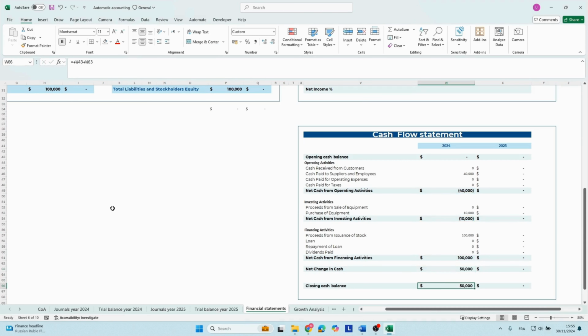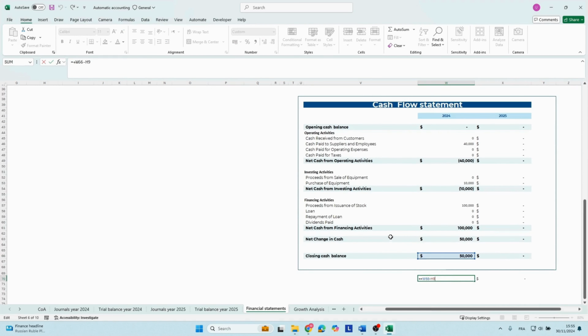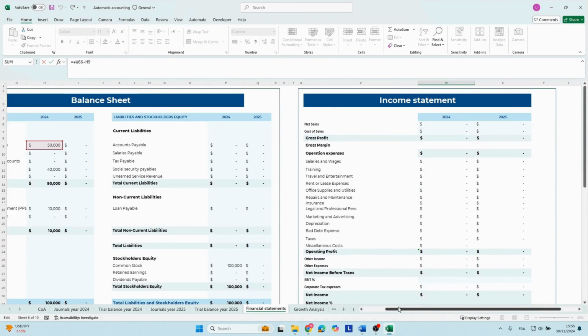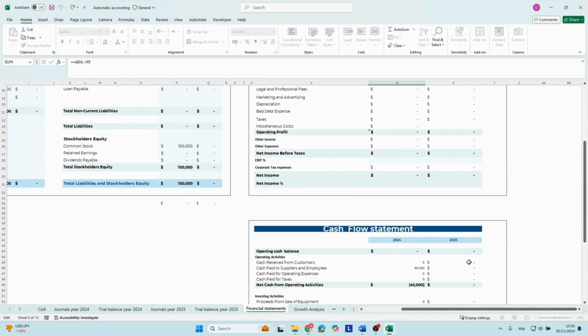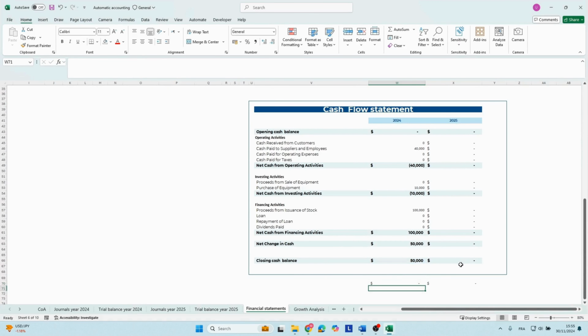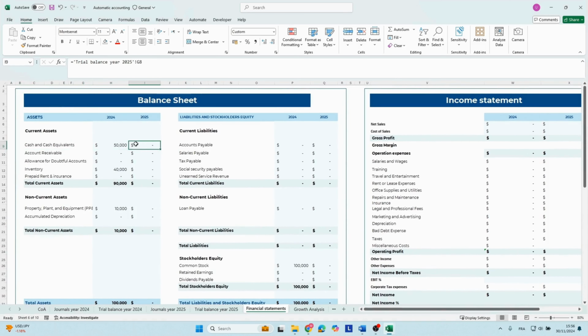Now we have the closing balance at the end of the year, which is 50,000. Here we compare it to the amount that we have in cash and cash equivalents. We get the same. This is how you see how the cash flow statement is related to the balance sheet. The ending closing balance should be the same as the one that we have in the balance sheet account, cash and cash equivalents.